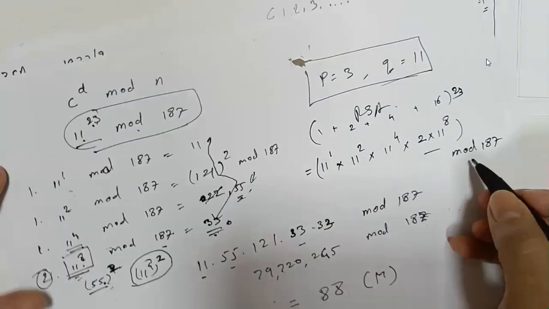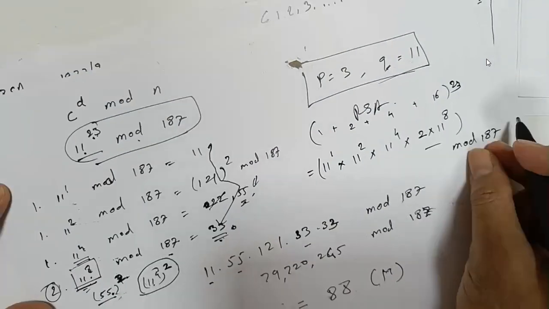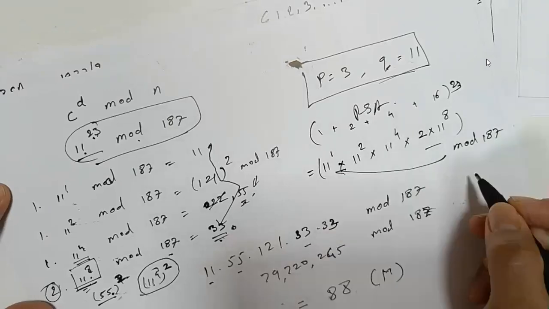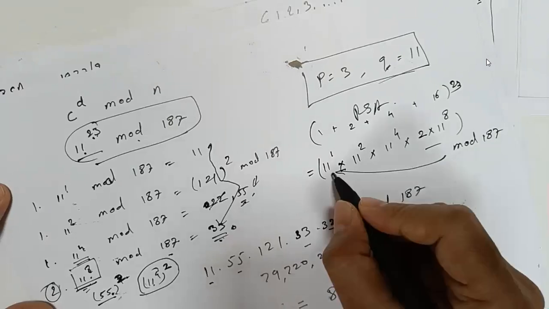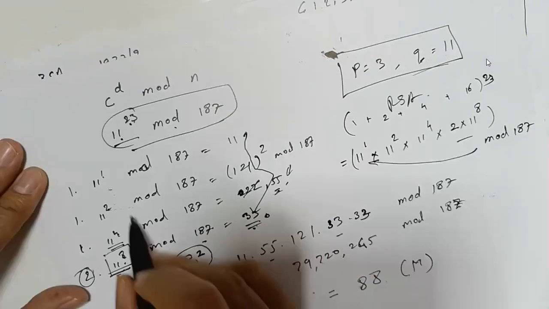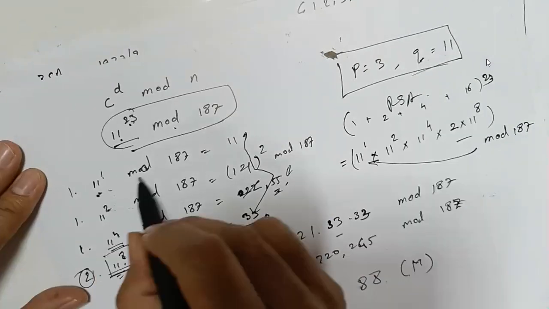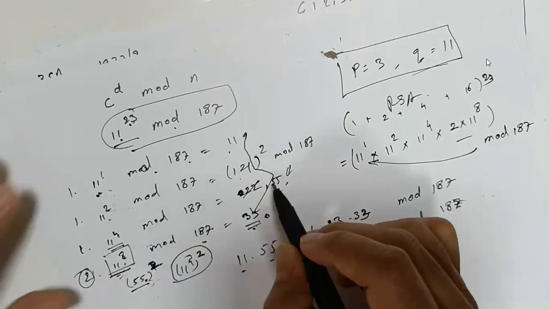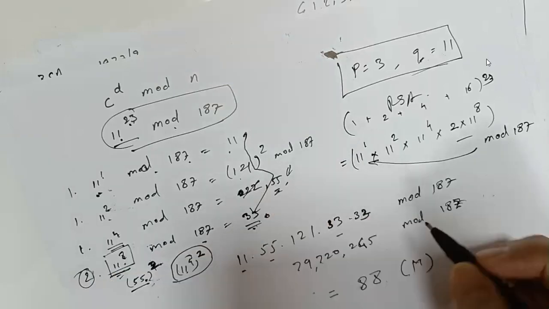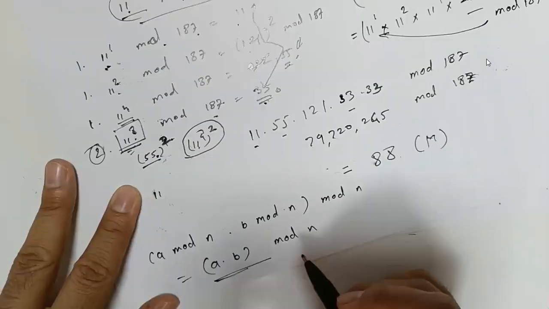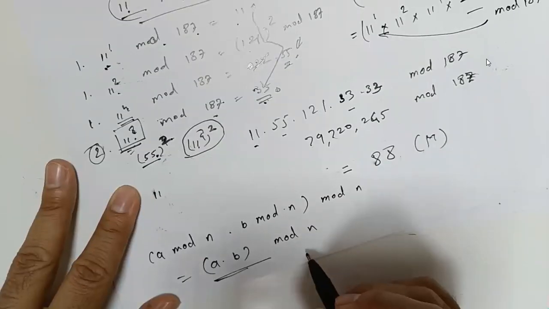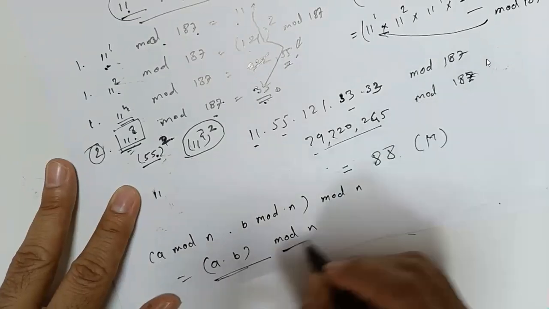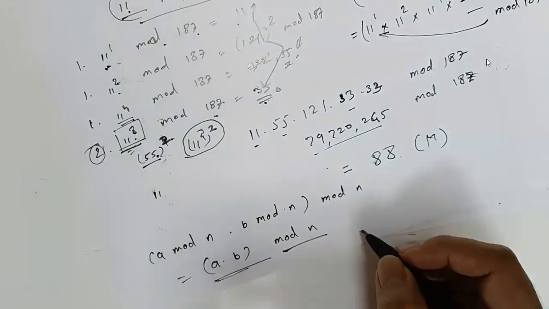So what we have done is this mod 187 we have applied to each item, and then we have calculated 11 raised to 1 mod 187, 11 raised to 2 mod 187, and so on. And at the end we have done the product. This is the product, and did the mod 187 again.